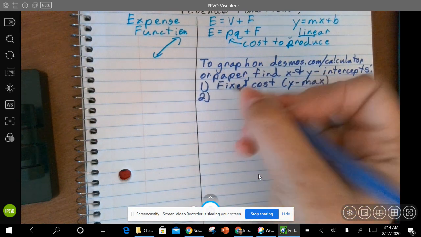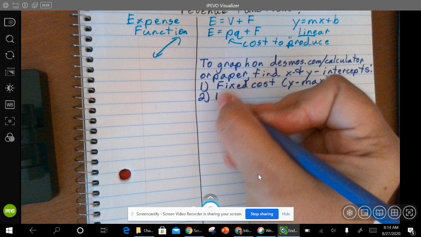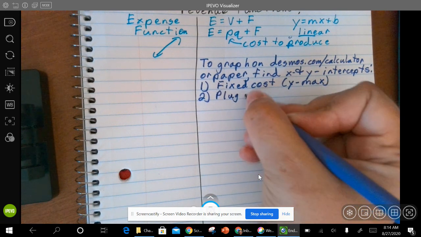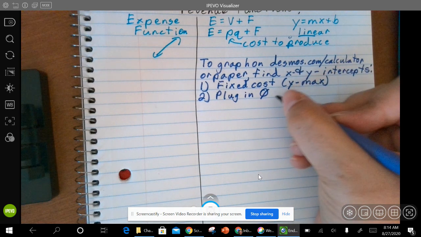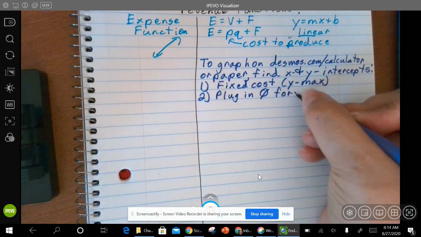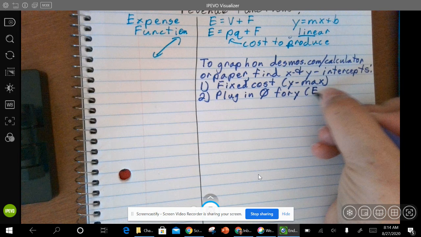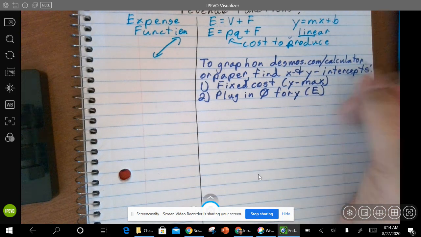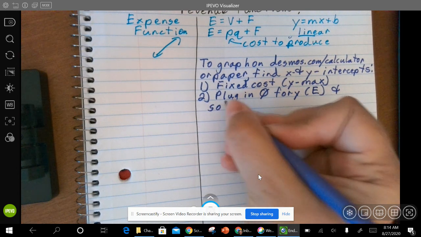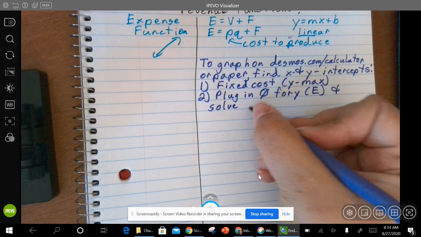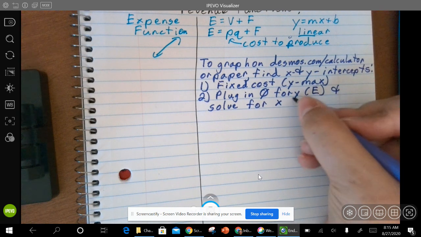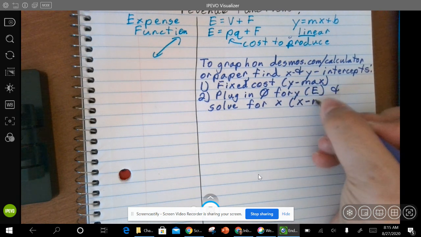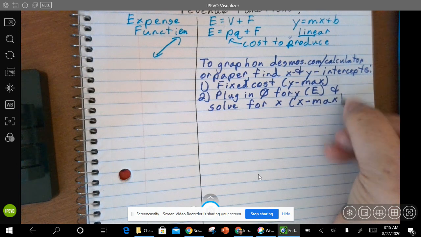What we're going to do is plug in 0 for y, which is our E value, and solve for x, and that will give us our x maximum.